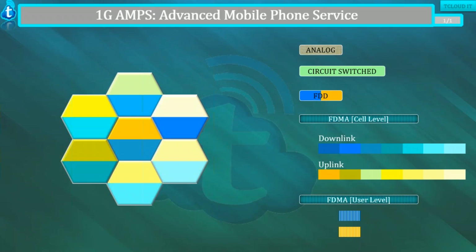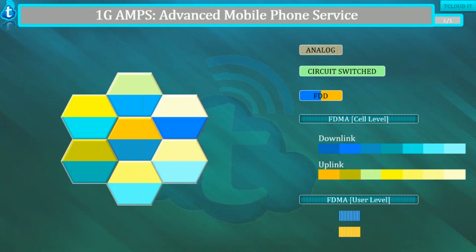We have a concept called FDMA, frequency division multiple access. They used to have this FDM concept at cell level. What is the meaning of using the FDM concept at cell level?